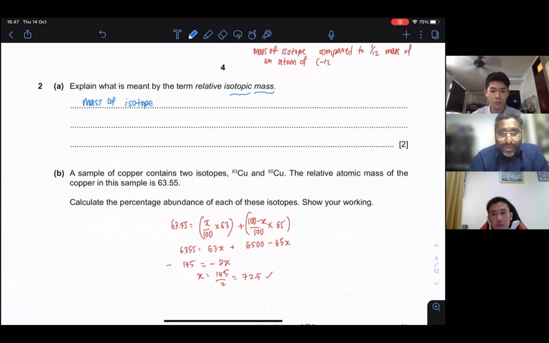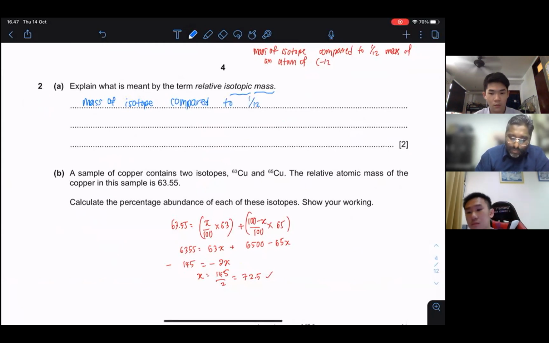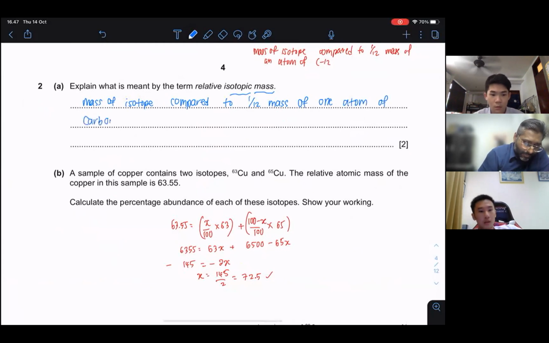You are comparing to 1 over 12. So you can write down: compared to 1 over 12 the mass of one atom of carbon 12.